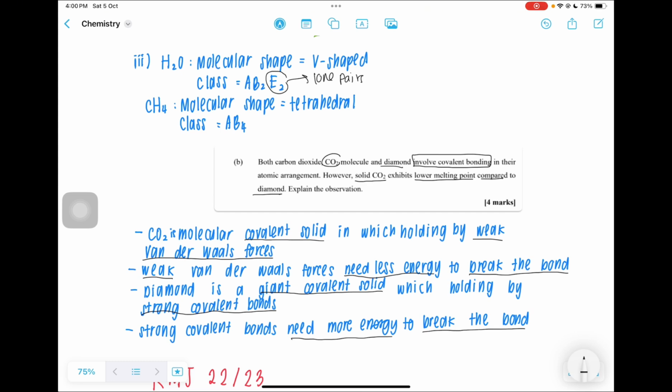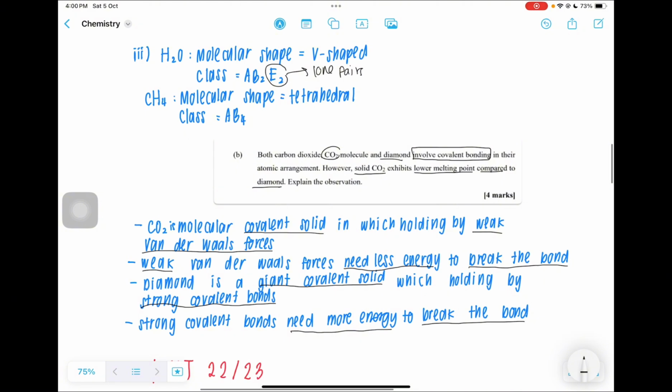So the sentence that I underline is the sentence that you need to add in your answer. For this question you just need to state the forces and less energy or more energy to break the bond. That's all for me. Thank you.